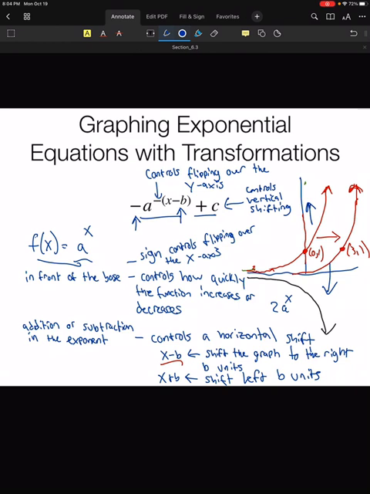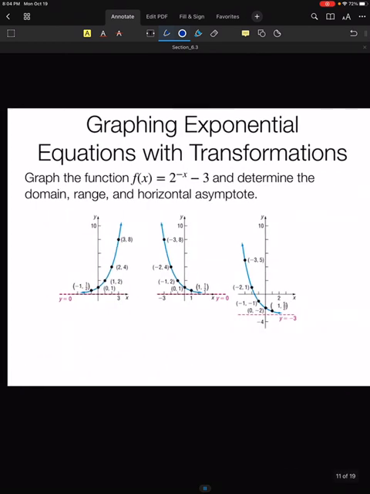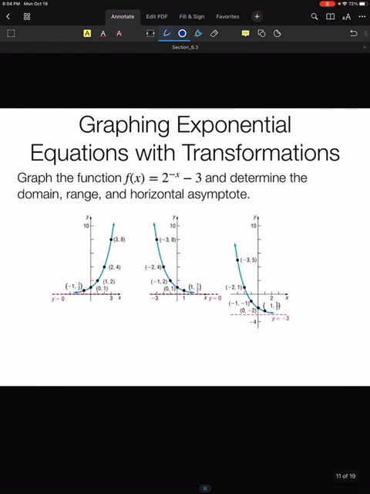Now, let's get to an actual example. What we're going to work through is graphing the function 2 to the negative x minus 3, and then determining the domain, range, and horizontal asymptote.